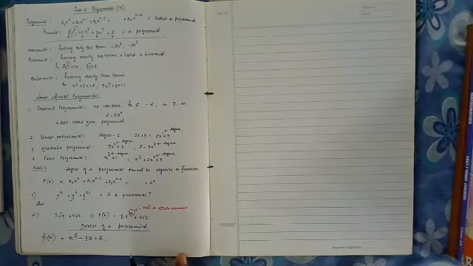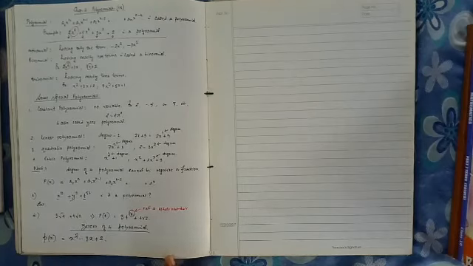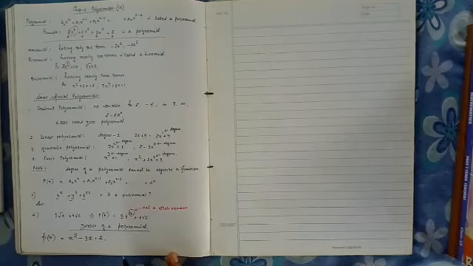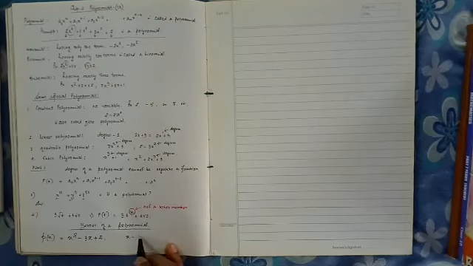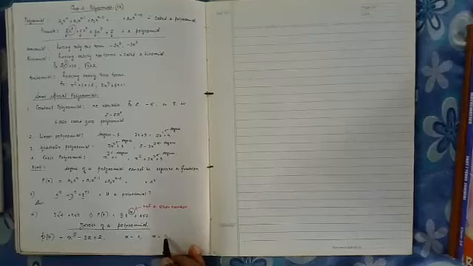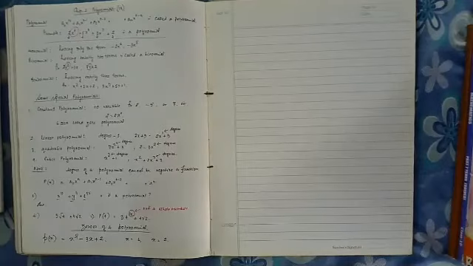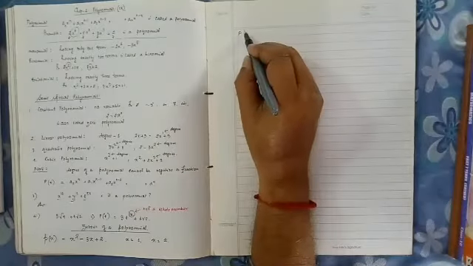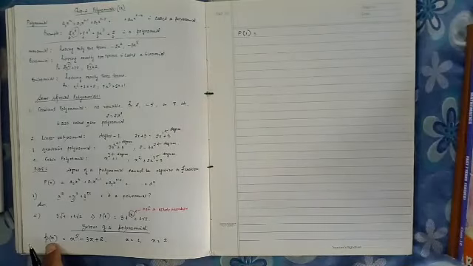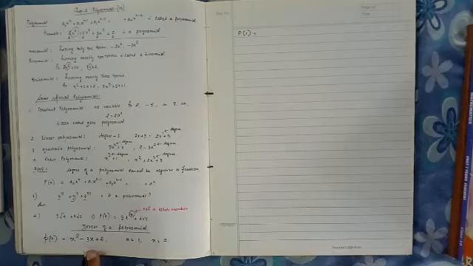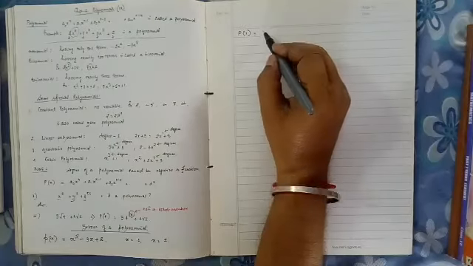Now, suppose we are trying to find the value of this polynomial for x is equal to 1 or x is equal to 2. Let us find p of 1. That is, in place of x we write 1.